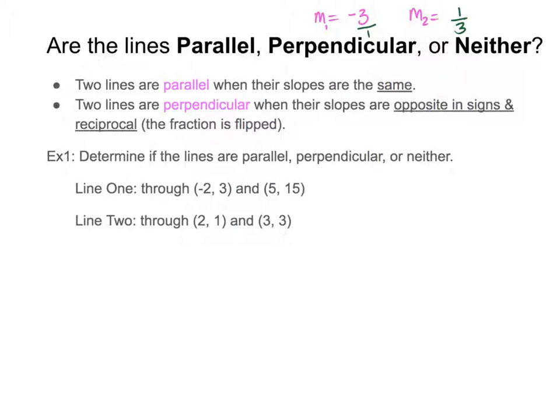Excuse me. So now we're going to determine if the lines are parallel, perpendicular, or neither. And to determine that, we're going to be looking at the slope of these two lines.